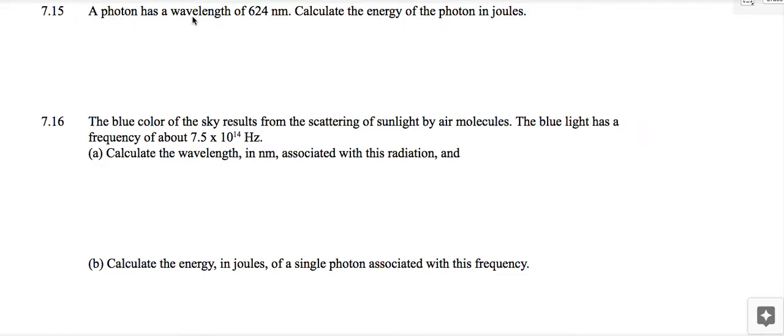We first have our wavelength, but we're looking for energy. If we look at our energy equation, again over here, it doesn't have wavelength in it, but this does. And they both have frequency, so I can use the first one.